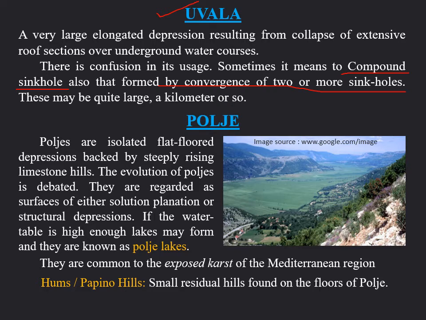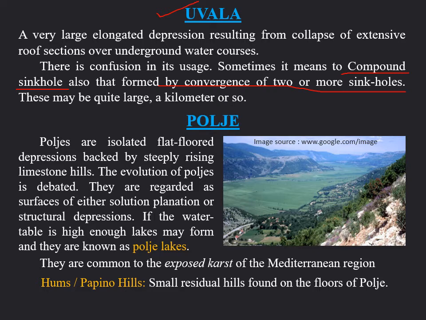So it's more or less like an uvala in larger dimension, somewhat elongated in shape. If you compare the aerial span of uvala and polje, uvala covers only a few acres, whereas a polje covers many square miles.